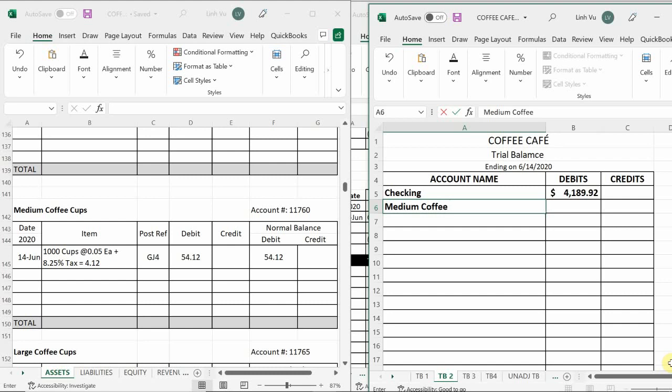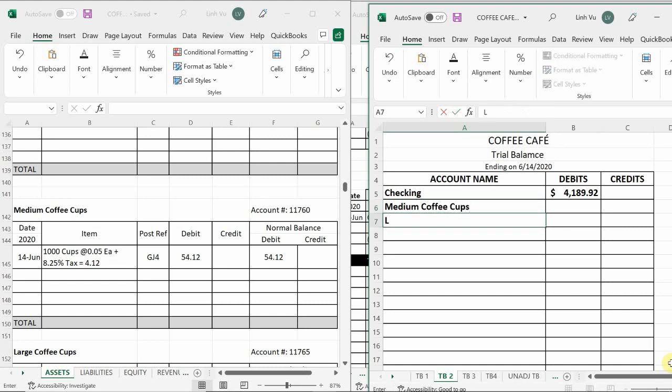Do not do it in your journal because that is where you have a reason why you have a chart of accounts. So don't abbreviate in your journal. You can abbreviate in your ledger, I mean, you're just writing notes in there. And in the trial balance you can abbreviate here too. So in this case, medium coffee cups.